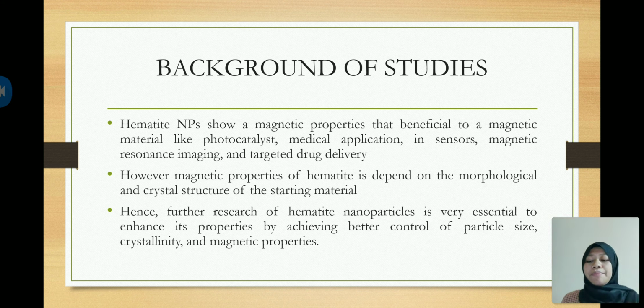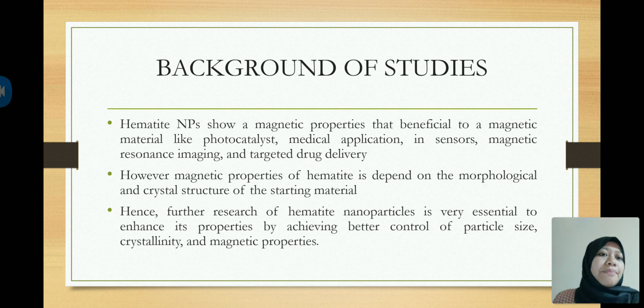Based on my reading, hematite is the most attractive and significant metal oxide, as hematite shows magnetic properties that are beneficial to magnetic materials like photocatalysts, medical application in oncology, in sensors to detect hydrocarbon and carbon dioxide gas, magnetic resonance imaging, and targeted drug delivery.